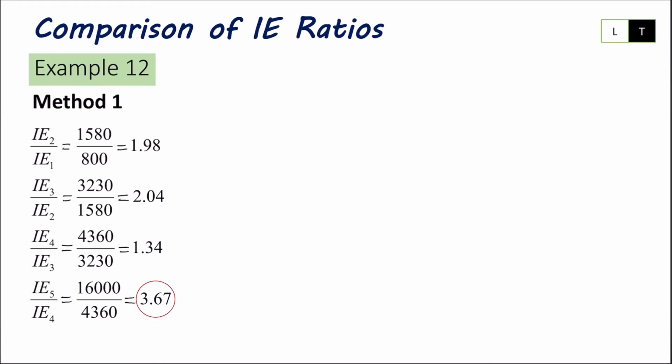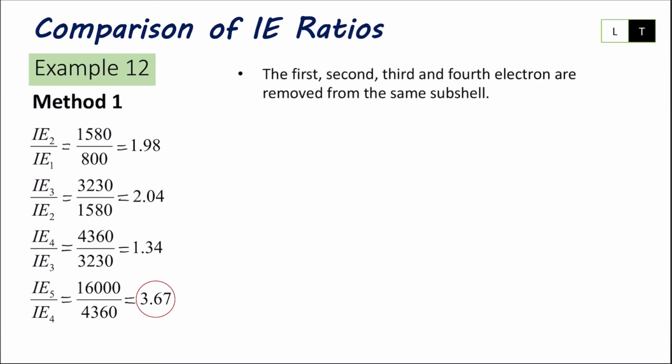So another style kalau awak nak explain, kalau awak nak guna ayat yang lebih panjang, based on this case, the fifth electron is in inner subshell. So you can write it down, the first, second, third and fourth electrons are removed from the same subshell ataupun the valence subshell.